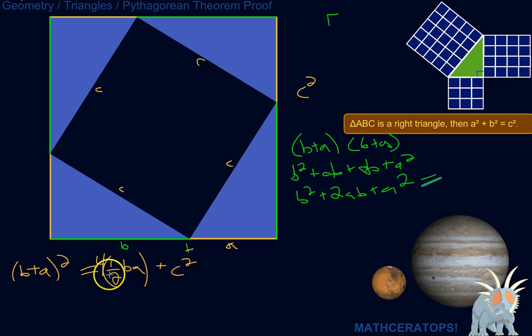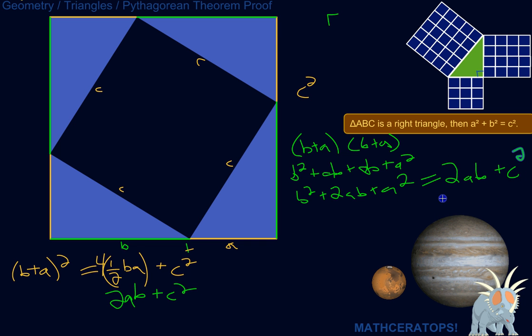4 times 1/2 ab would just be 2ab. I'm going to flip those around, just call them ab, so it's clear that they match up here. So it's 2ab plus c squared. So this is equal to 2ab plus c squared.